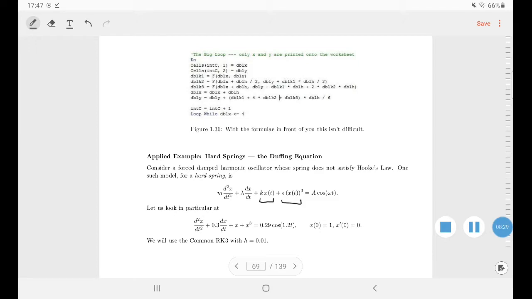If x is big, x of t cubed is very, very big, so something different will happen when the displacement is very big. If it's a hard spring, when you stretch it quite far, it's not like you double the extension and the spring force gets twice as strong. It can be like 8 times as strong. A soft spring, as you stretch it, starts going plastic. That would be the negative epsilon.